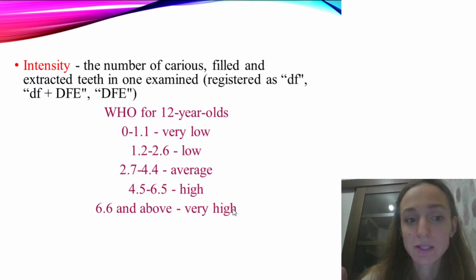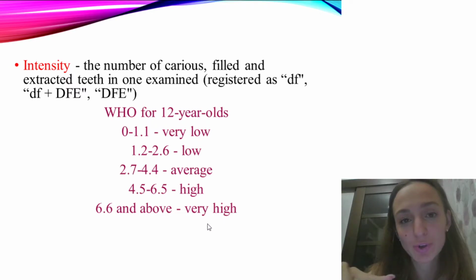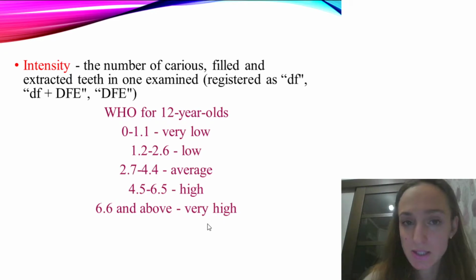For mixed bite, you can see df, which is for deciduous teeth, and the big letters DFE, where we add extracted teeth. DFE in big letters is for permanent teeth. So in mixed bite, you should add df plus DFE in big letters.